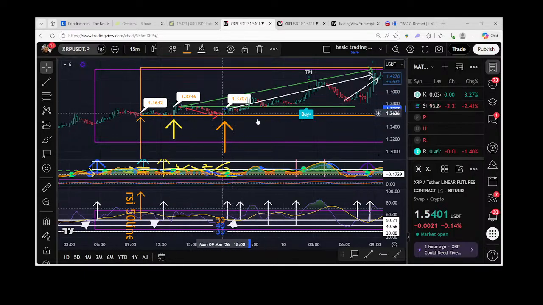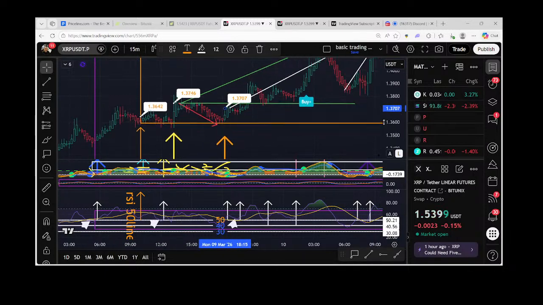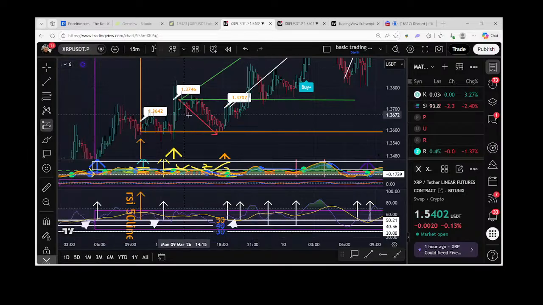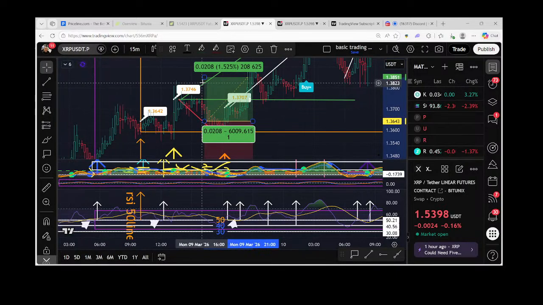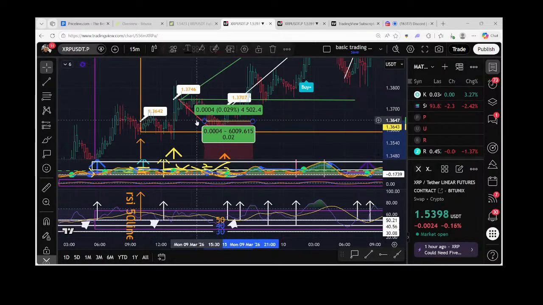That's pretty much the area there. Not too bad. We'll measure this out real quick to see the positioning on that. The higher one was 0.75, the middle one was 0.5%, and the other one was 0.9. So it's a 0.5% or a 0.75% difference between those particular entries, right?